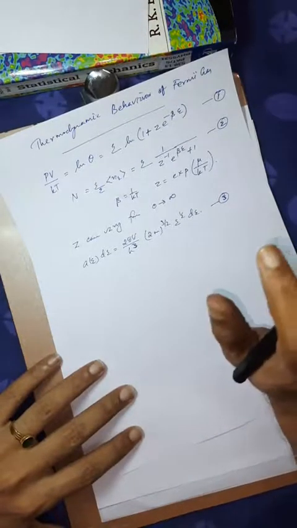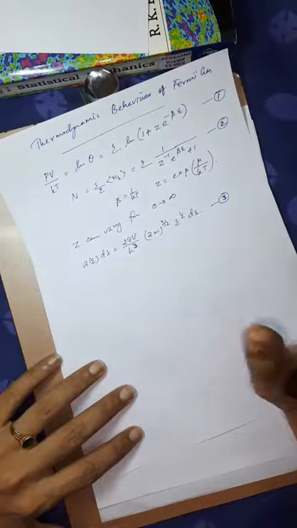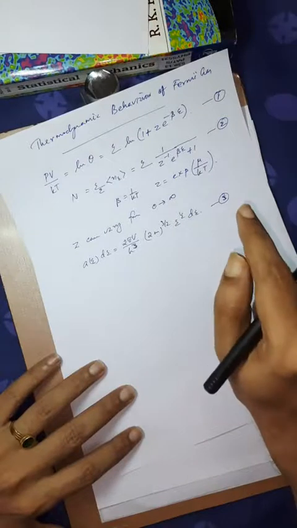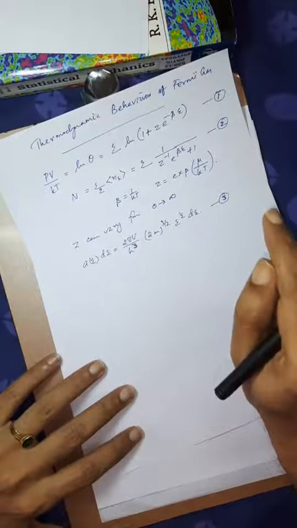But here, unlike the case of Bose-Einstein, where we specially put an additional level corresponding to E equal to 0, we are not going to put that over here, because we do not at all foresee any kind of condensation or any kind of special importance for the 0th level, because the Fermi gas is supposed to be obeying Pauli's exclusion principle.